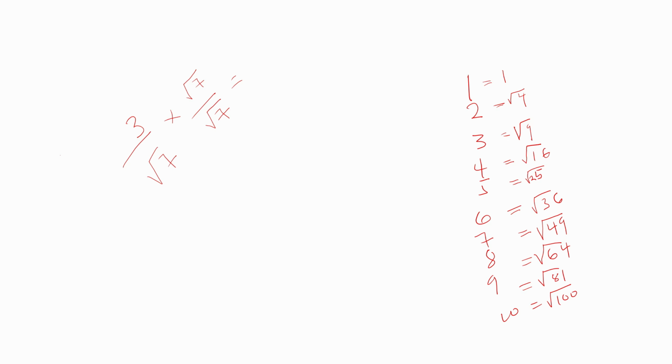So 3 times root 7 will give us 3 root 7 over root 7 times root 7 will give us what? 49. So root of 49. And this will give us 3 root 7 over, remember root 49 is 7. So this becomes our final answer. Quite easy, right? So this is how you solve for surds. If you have any questions, let me know and I'll go over it again.